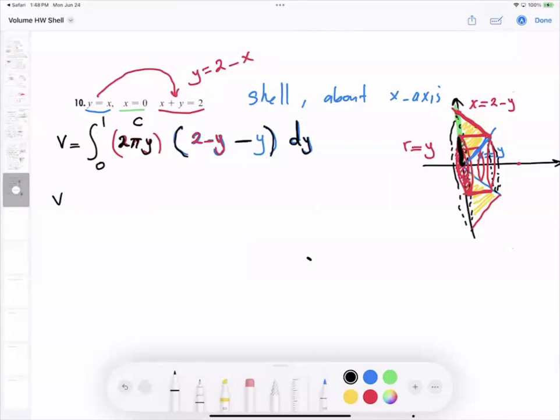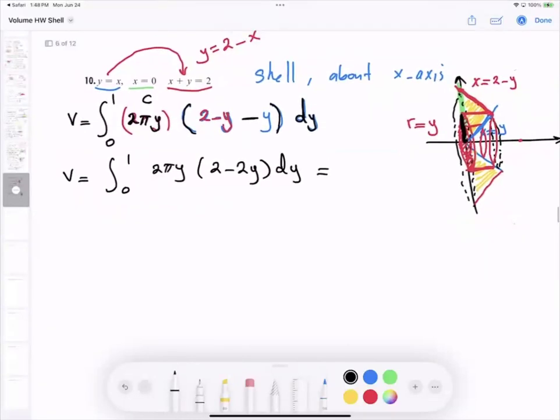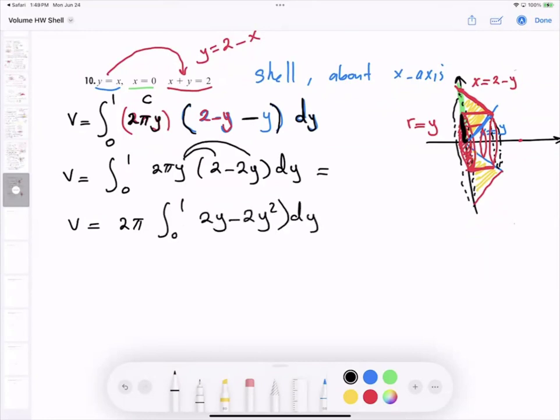So the volume is the integral from 0 to 1 of 2 pi y times 2 minus 2y dy, which in turn is equal to 2 pi, distribute this y into the parentheses, simplify, and you get the integral of 2y minus 2y squared dy.